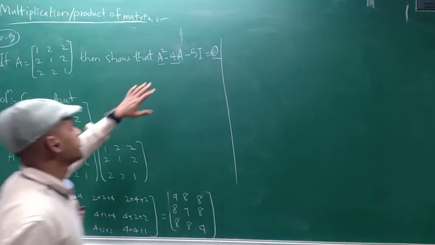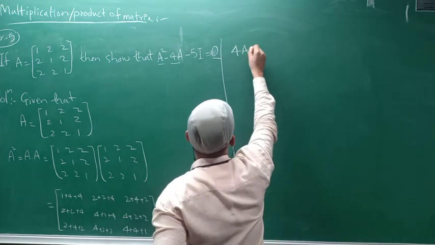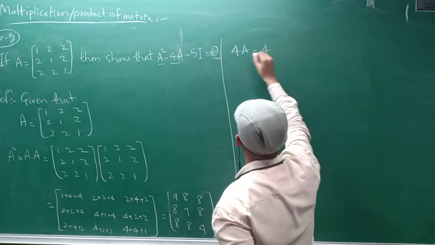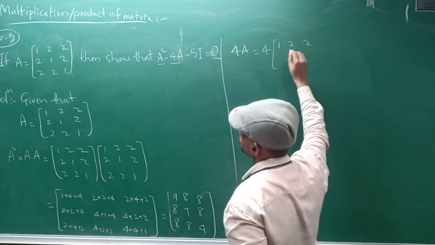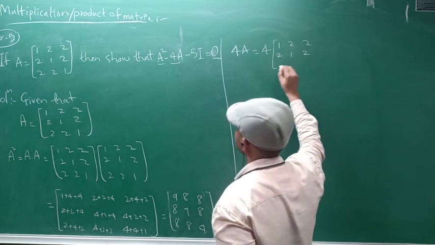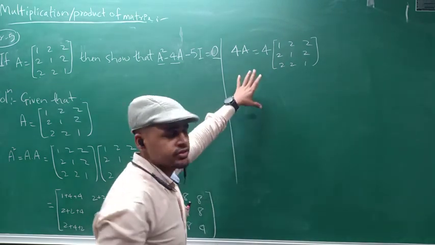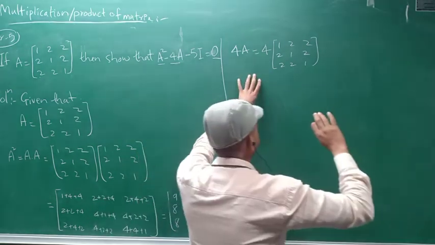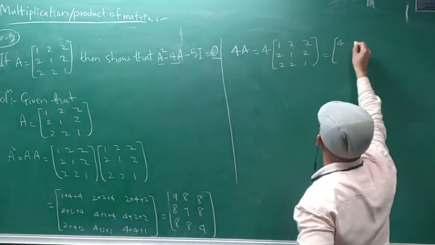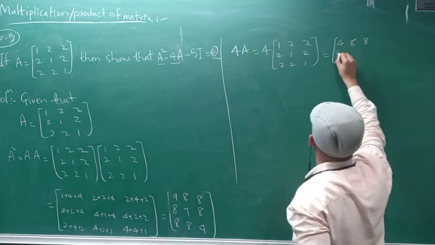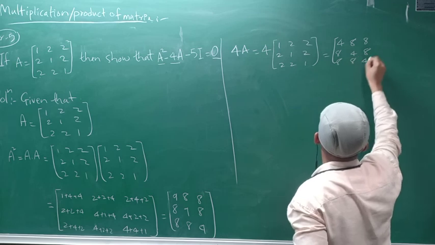Now we will find 4A. So here I have a 4 and I know the matrix A is [1, 2, 2; 2, 1, 2; 2, 2, 1]. Now multiply 4 with all elements of the matrix. So here I will get 4 ones are 4, 4 twos are 8: [4, 8, 8; 8, 4, 8; 8, 8, 4].